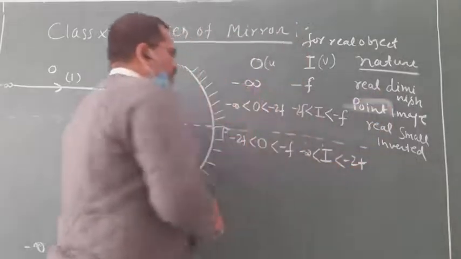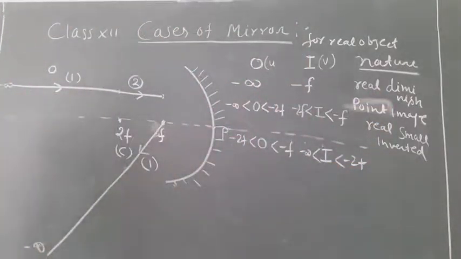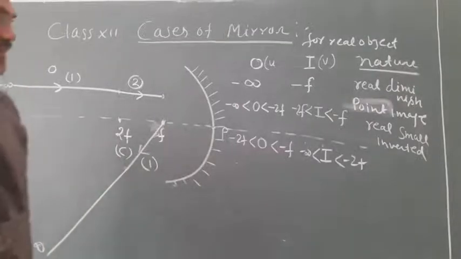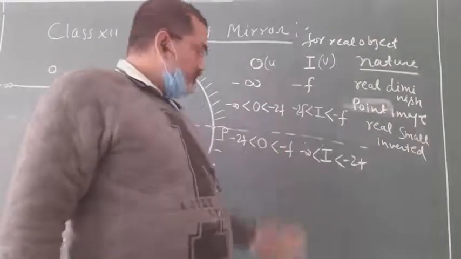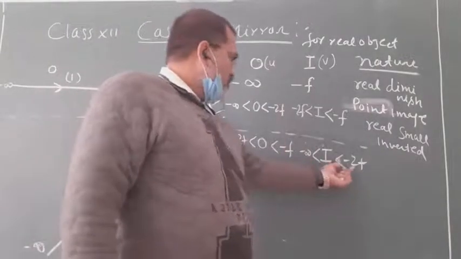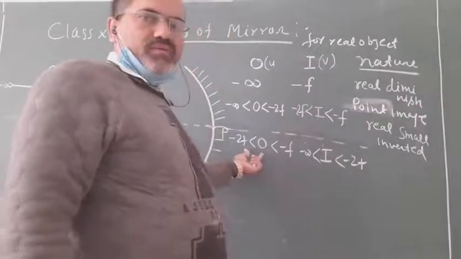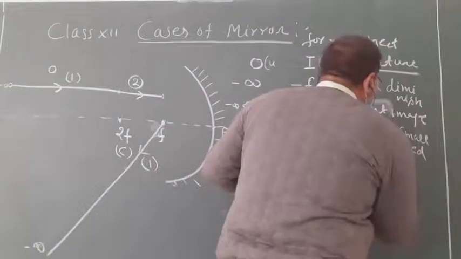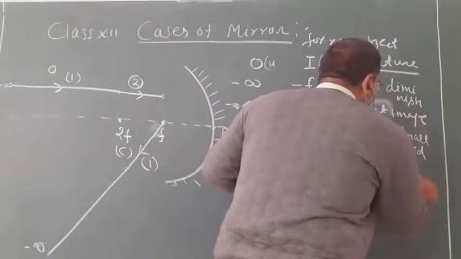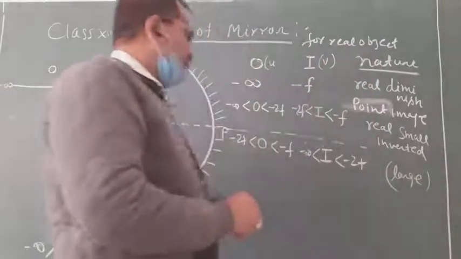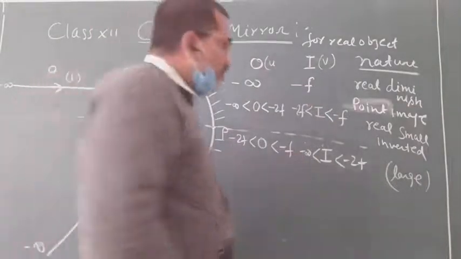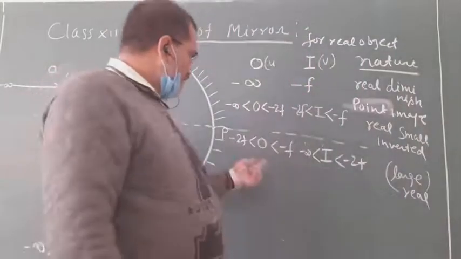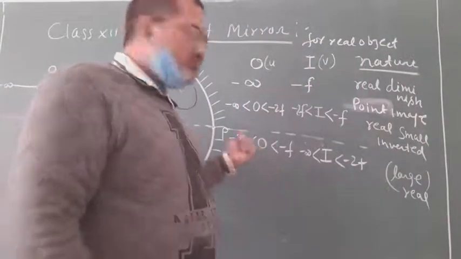Object moves closer than image, so the image is large here. So large image, real, V is negative, and sign of u and v are same, so inverted.